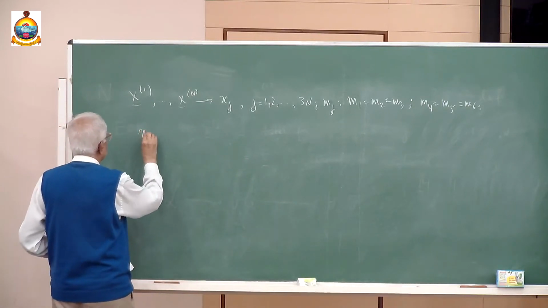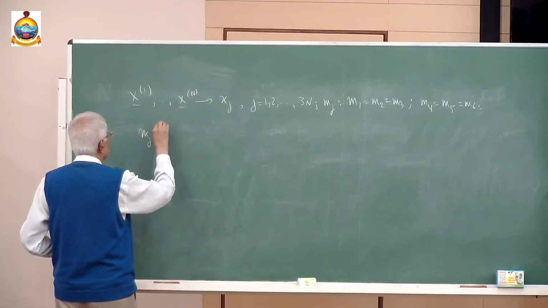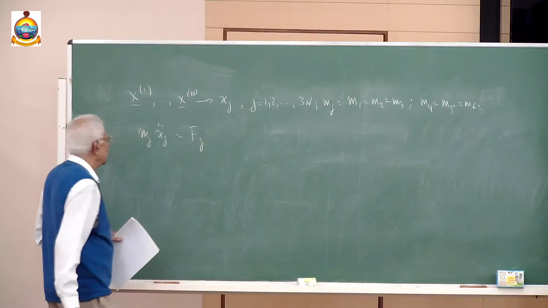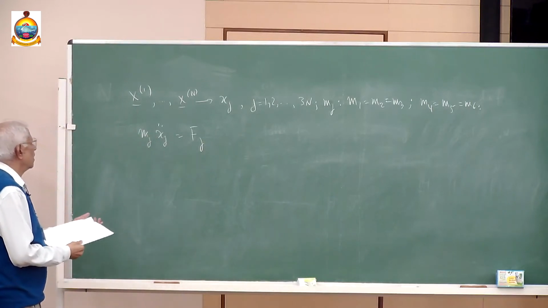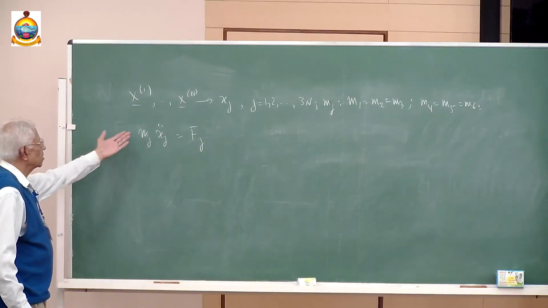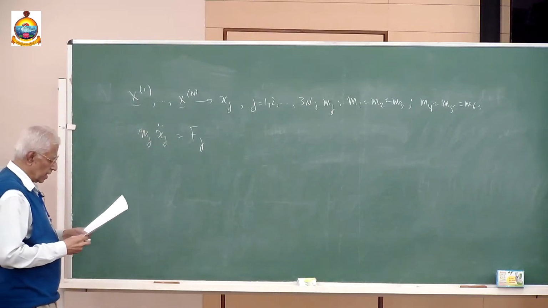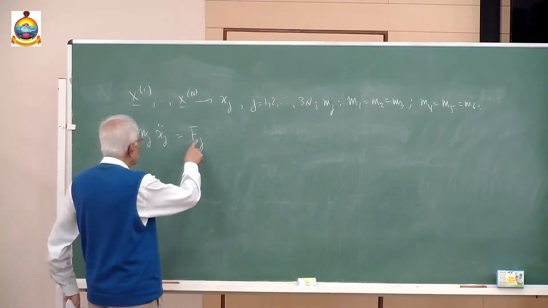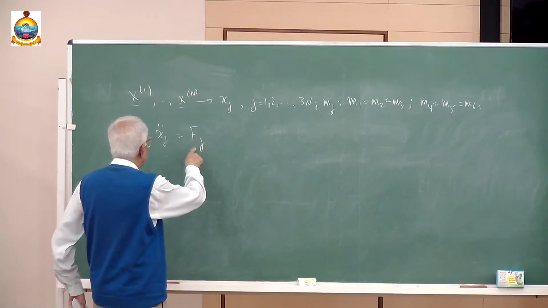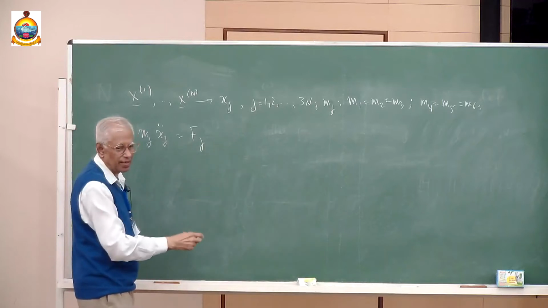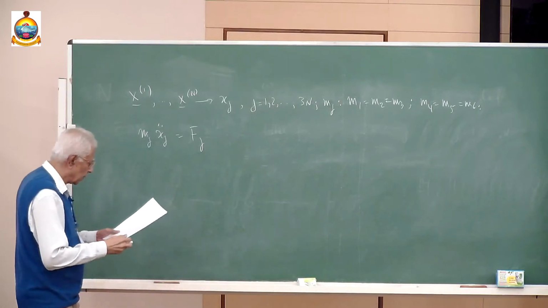Then we can write the Newtonian equations of motion in this form, where j goes from 1 up to 3N, and this is the total force, appropriate Cartesian component on the appropriate particle depending on the value of j.